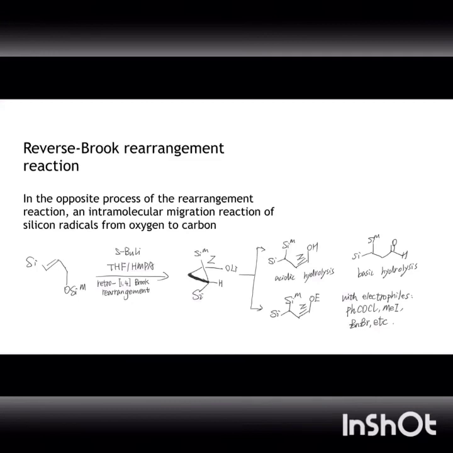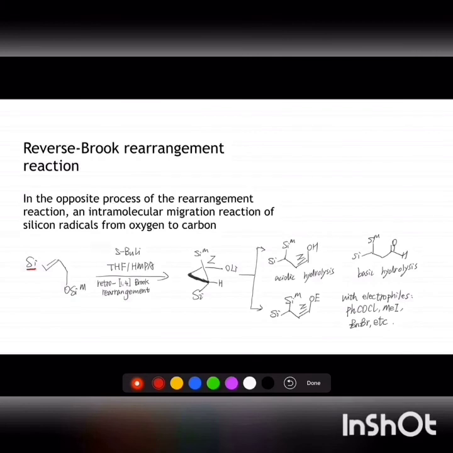From this reaction, we have a silicon atom bonded to the double bond, and another silicon atom with a superscript M right here. Through these reagents, we get a double bond here, and the silicon is right here, beside the double bond, right?